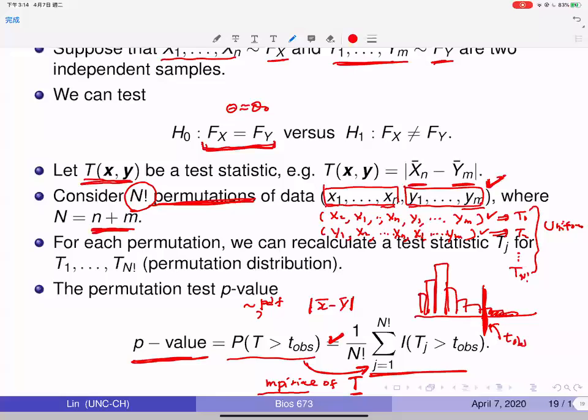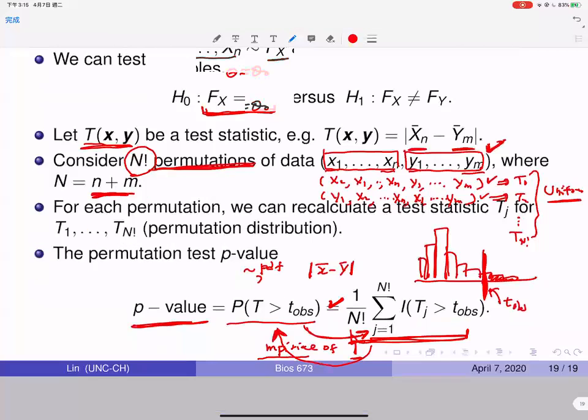That means the statistics follow a uniform distribution, such that you can use the empirical distribution to estimate the true probability. Okay, so I think that's it.